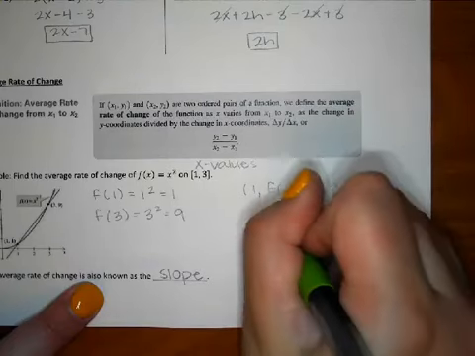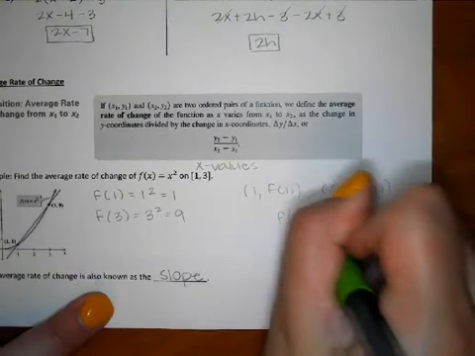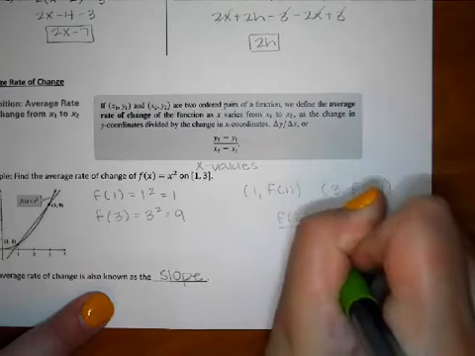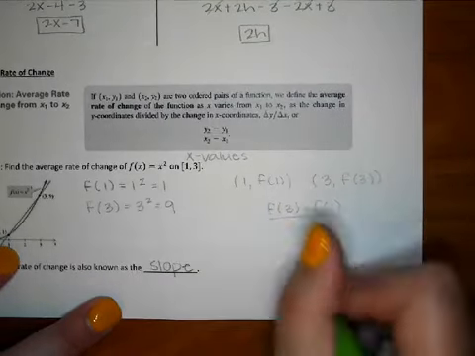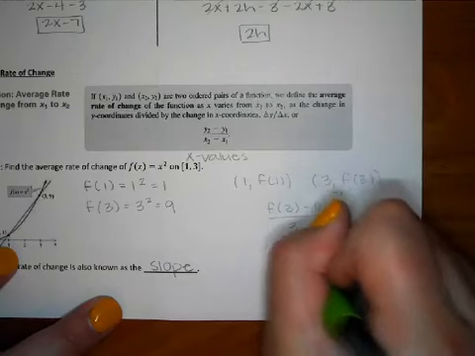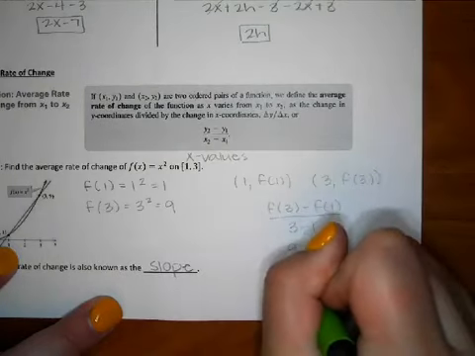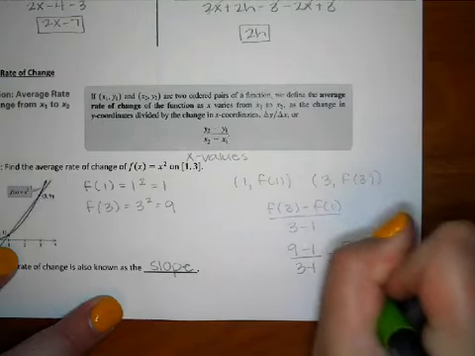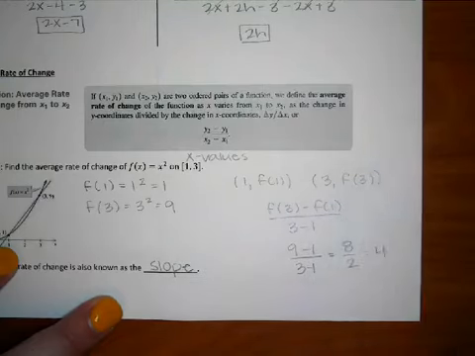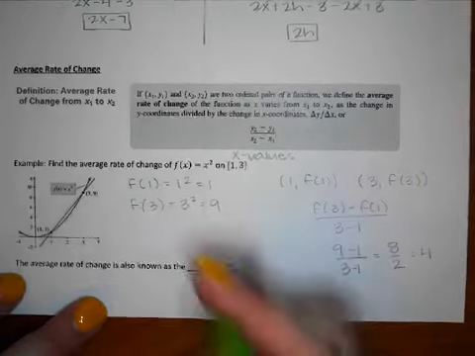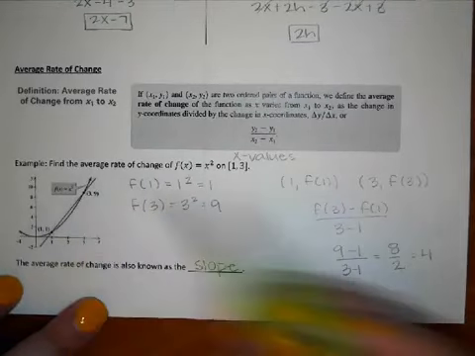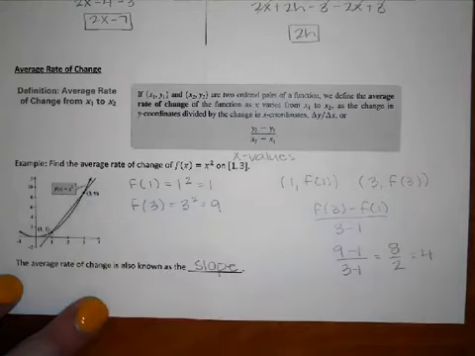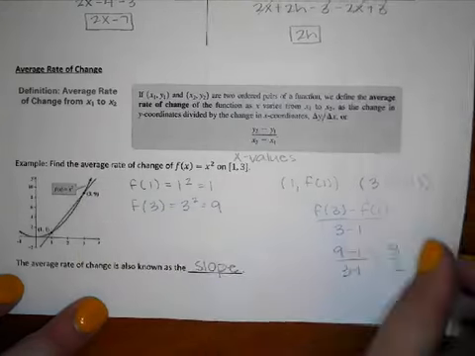So we would say y minus y divided by x minus x, or based on the numbers we found, 9 minus 1 over 3 minus 1, and this would be 8 over 2, which is 4. So the average rate of change between these 2 points is 4, or the approximate slope of that curve would be 4.